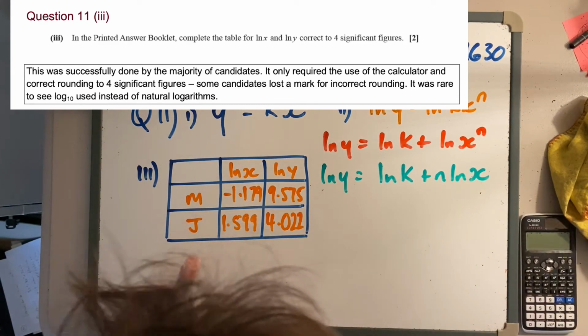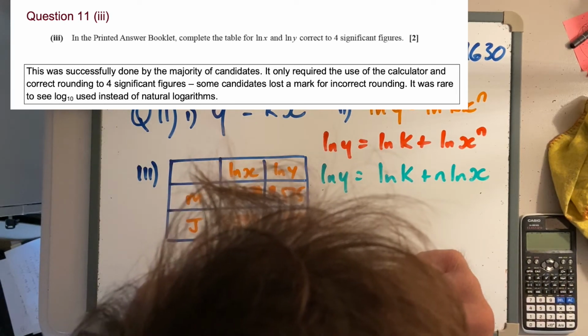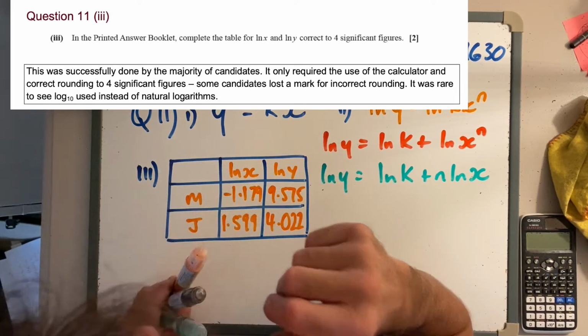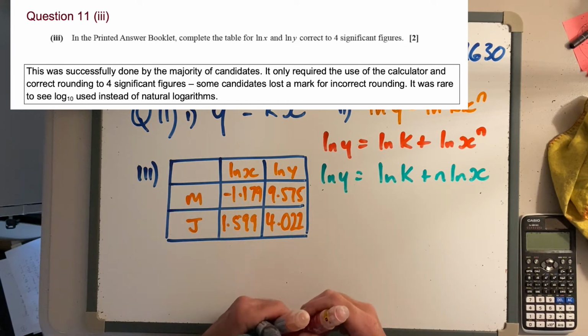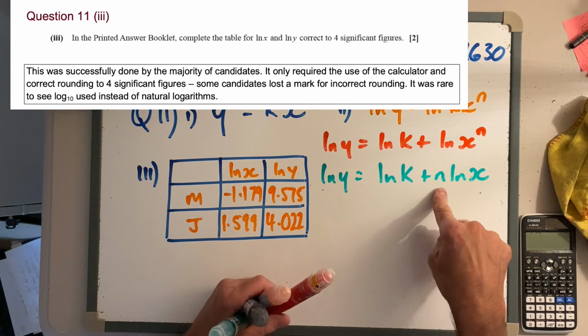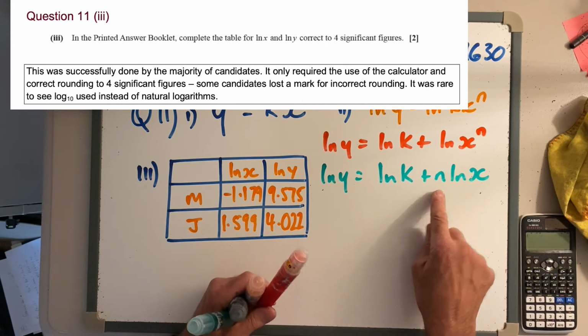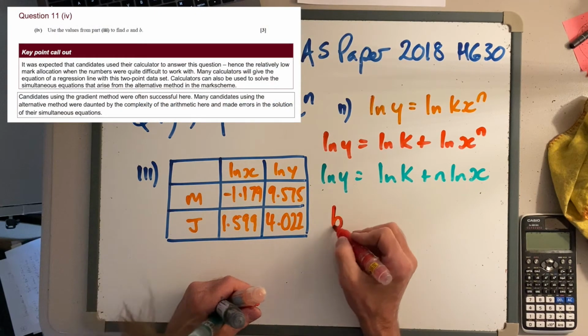And then question 4 says, use the values to find A and B. Okay, so I need to find B, which is here for me. So how do I want to do that?